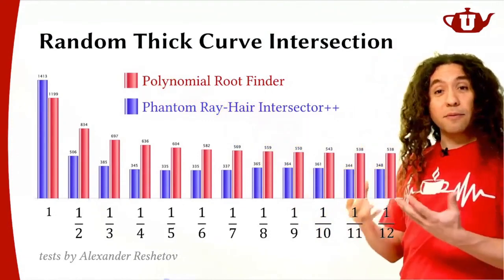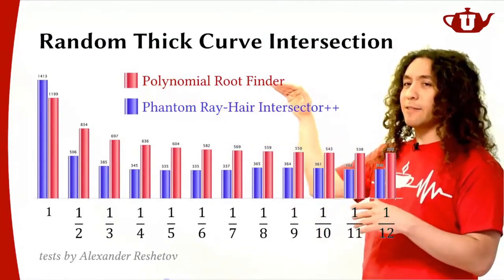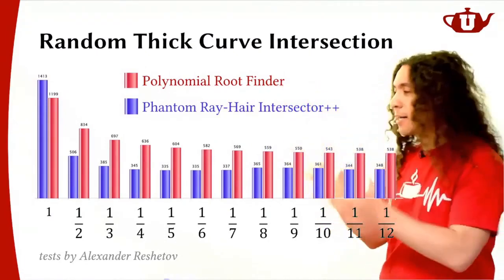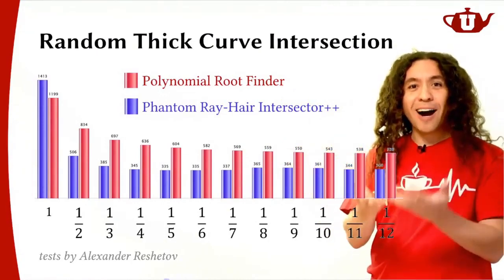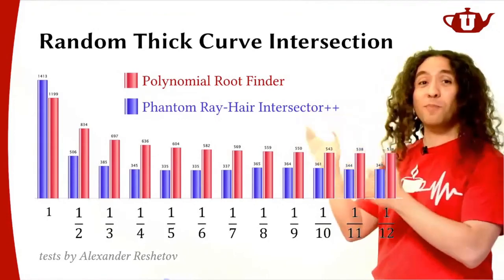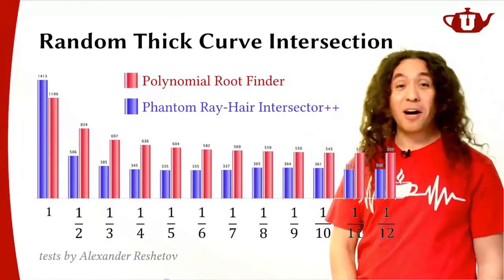So the point is not to say that this is faster than the Phantom Ray Hair Intersector. That's not the point. The point is that we get a solution that could even compete with a highly optimized dedicated solution for this problem, out of the box, just by solving a polynomial. So that tells me this polynomial solution is high performance.